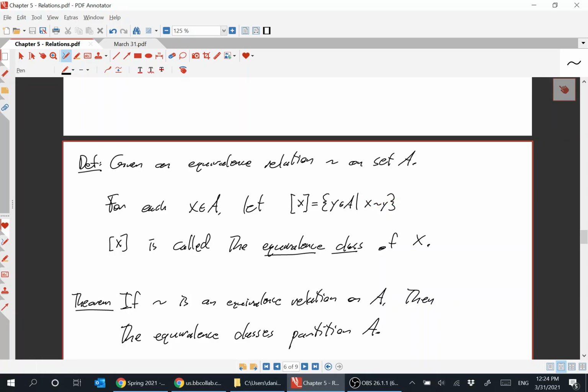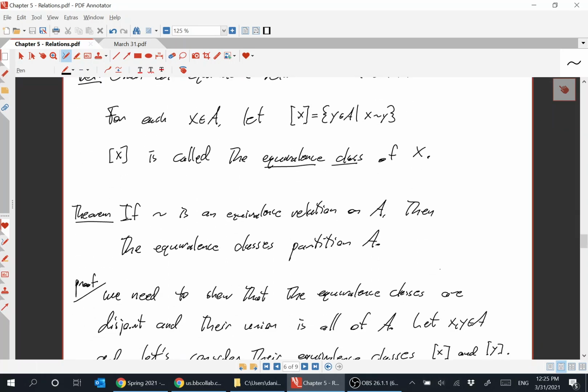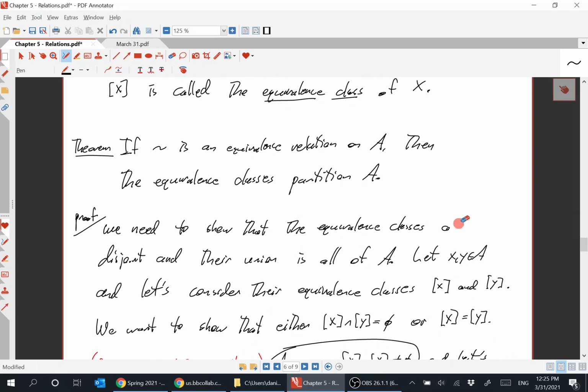All right, so bracket x is all the things that x is related to. And that's called an equivalence class. And given an equivalence relation, the equivalence classes partition A. So partitions give you equivalence relations give you partitions. In other words, they're essentially the same thing, just spoken about in different ways.